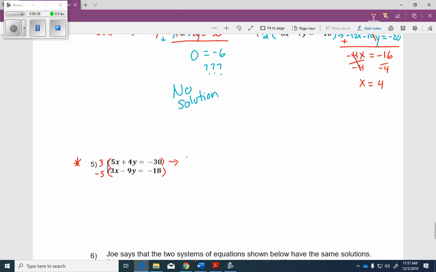So I wind up getting 15x plus 12y equals -90. In the bottom, I get -15x plus 45y equals positive 90.